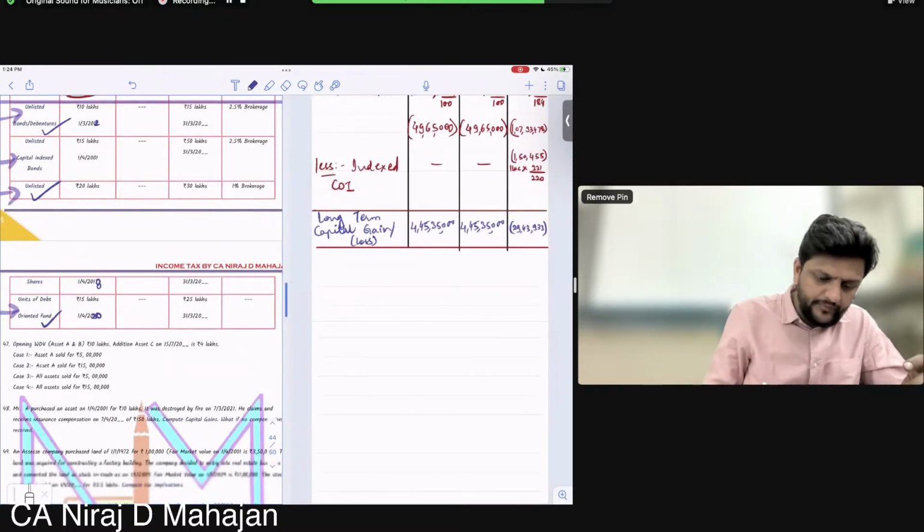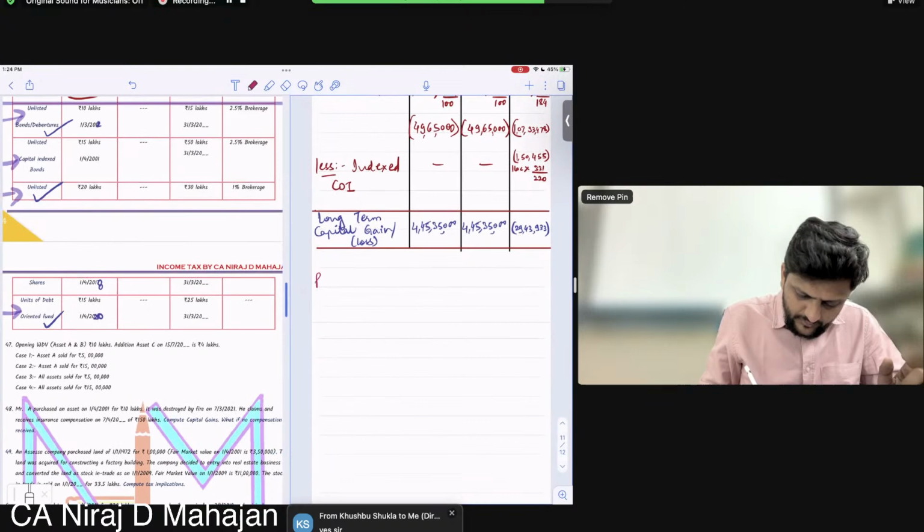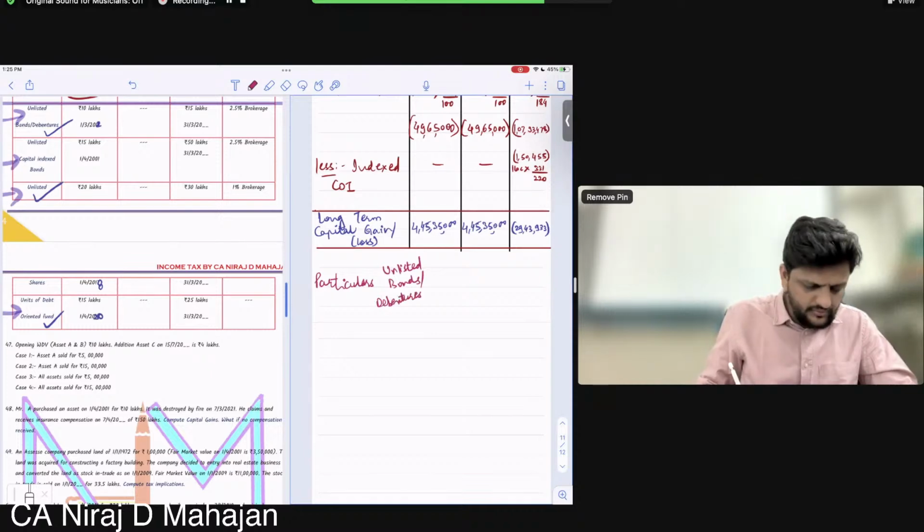Okay, chalo. Now we have to make 4 columns, bachcho, because there are now 4 assets. So please be careful. Unlisted bonds and debentures. Again, unlisted capital index bonds.